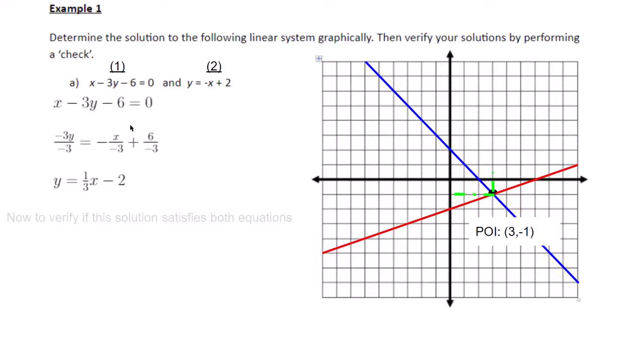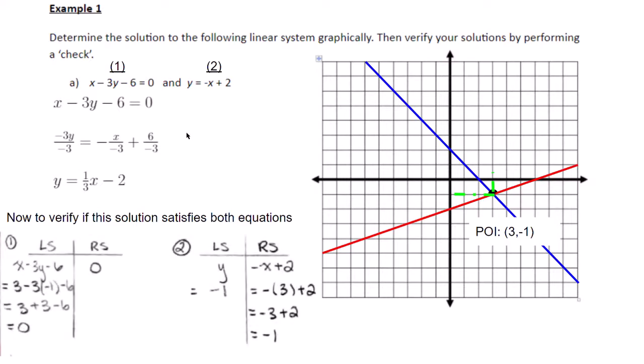So we want to now verify if this solution satisfies both equations. We check by plugging in 3 and negative 1 as our x and y values into both equations, and we see what we get. Over here, we plugged in y equals negative 1 and x equals 3.